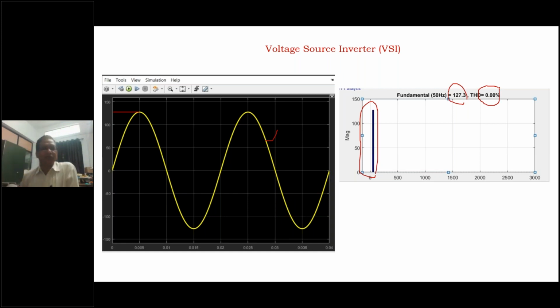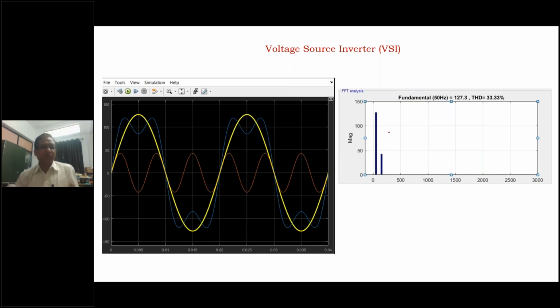Now deliberately I am going to add a harmonic to this sine wave. This is the third harmonic. See, this is one time period of one cycle: 1, 2, 3. The frequency is thrice, and the magnitude is 1/3. This is 127, and this is about 42.